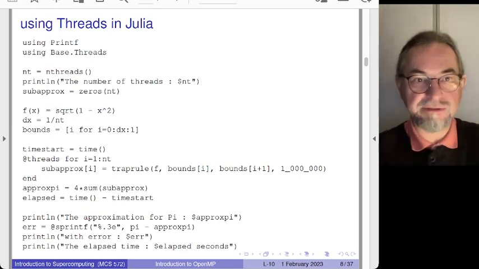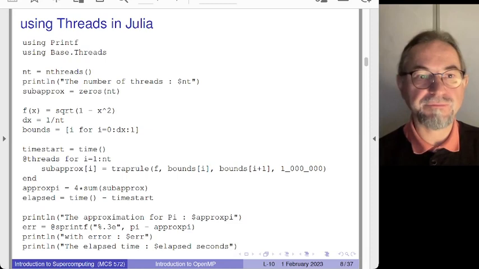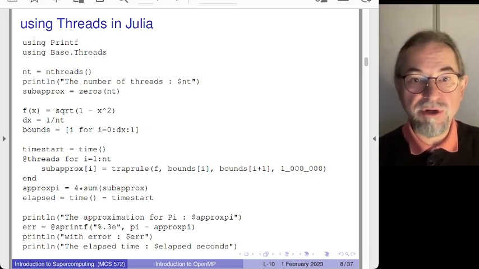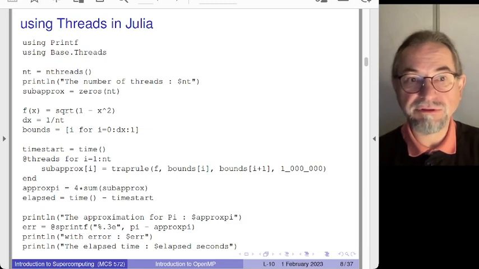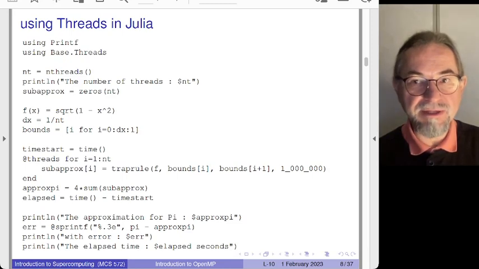That function will be executed in the following program. This is an entire Julia program, which also includes the definition of the function on the previous slide. What does this program do? It distributes the integration interval in as many pieces as there are threads.